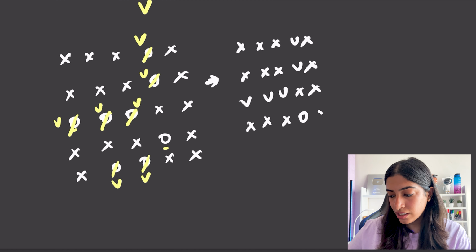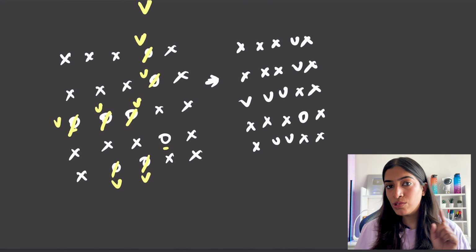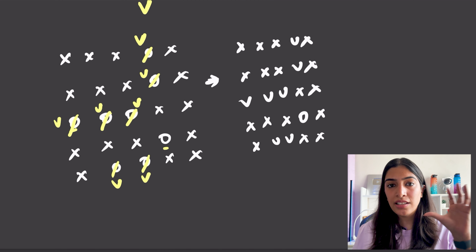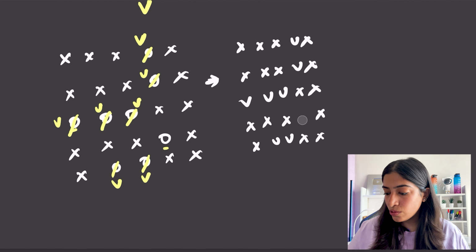This can be converted, so it's going to be O only, XX. So V are the ones that are not supposed to be flipped. Now whatever are the leftover O's, basically this can now be converted to X. So this has now become X.